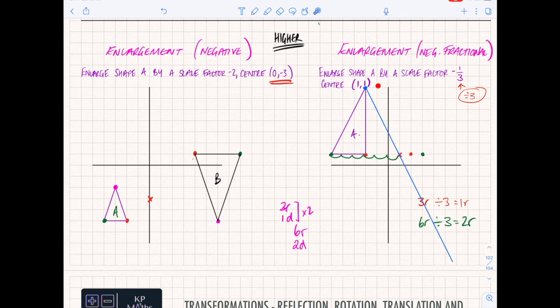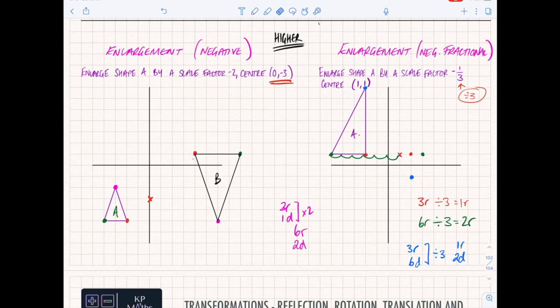And I'm counting 1, 2, 3 right. And then from 1, 2, 3 right, 1, 2, 3, 4, 5, 6 down. So instead of being 3 right and 6 down, I divide that by 3. It becomes 1 right and 2 down. Go back to your centre of enlargement, go 1 right, 2 down, and you can see it does indeed end up in that place that we were talking about.